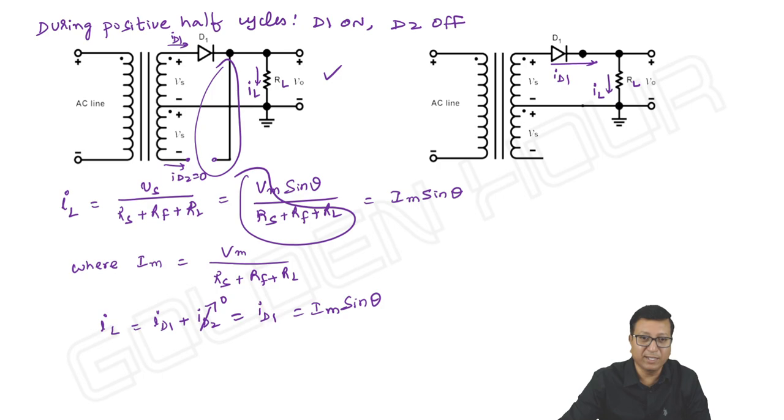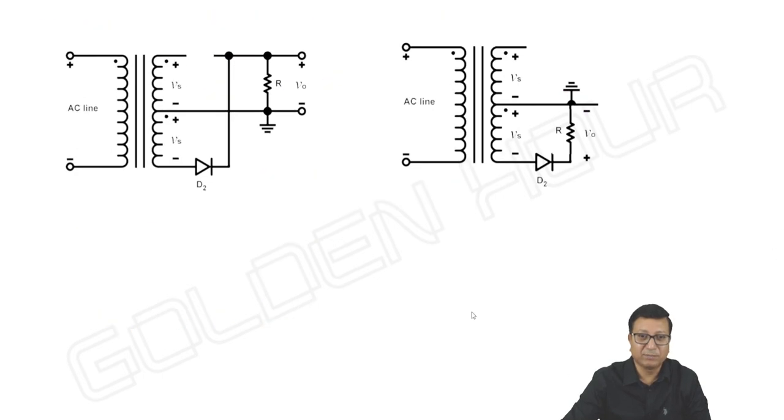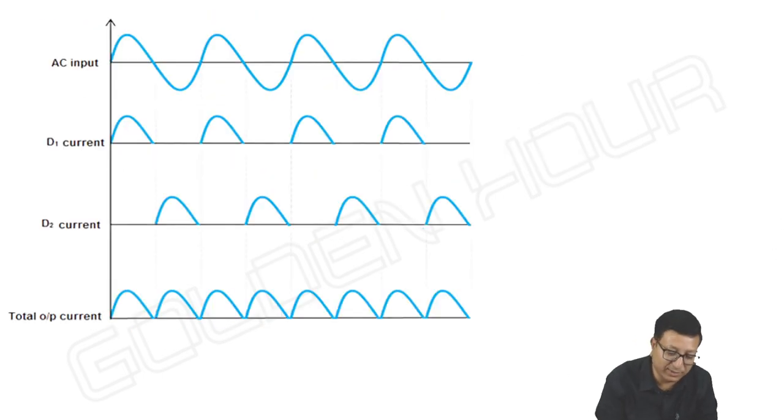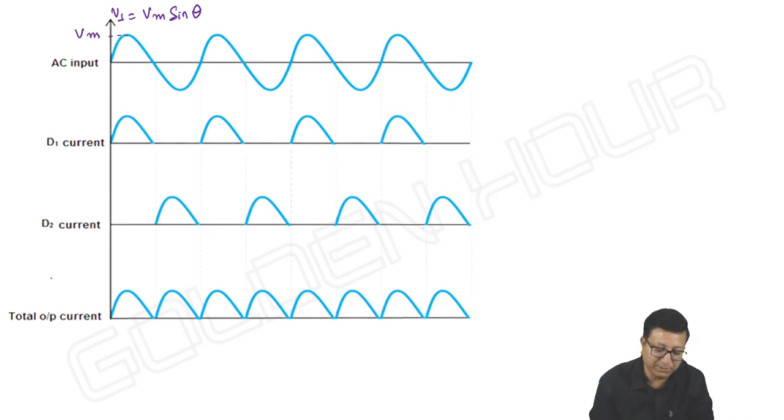Okay, and here this is what I'm showing. If you look at the waveforms, the secondary voltage Vs is equal to Vm sin theta. Its peak amplitude is Vm. And the current through D1, I can write ID1, is like Im sin theta.